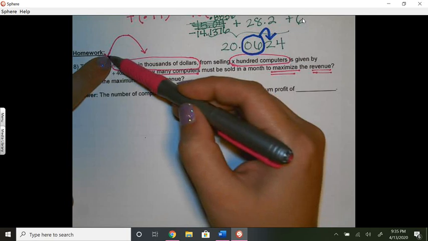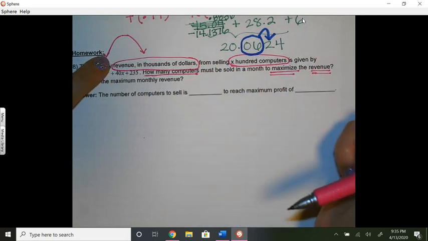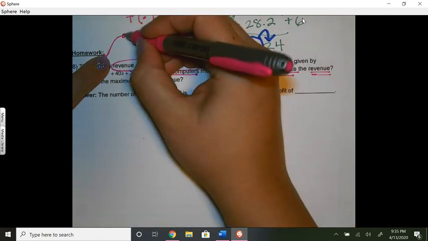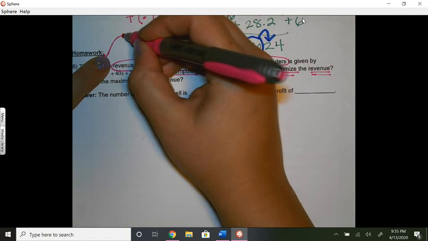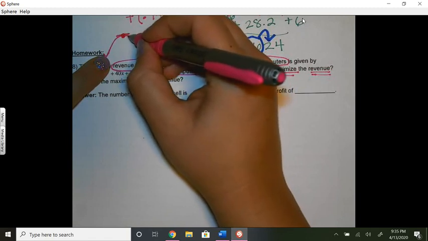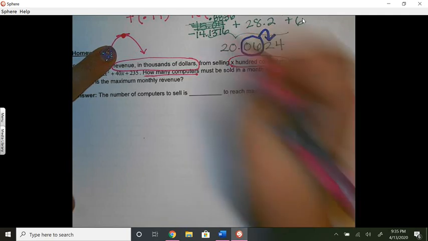So that's why the shape of the graph could make sense in a particular situation like this. So you want to figure out, what's this sweet spot right here? How much should they sell the computers for that they'll make the most profit, because then it gets too expensive so people won't buy them. So since it's asking us for the maximum, that is called the vertex.